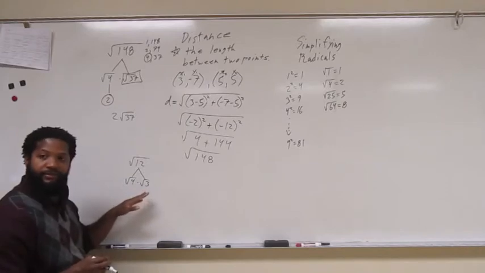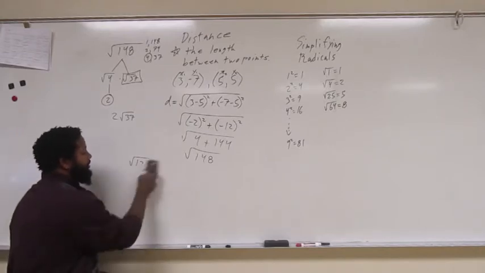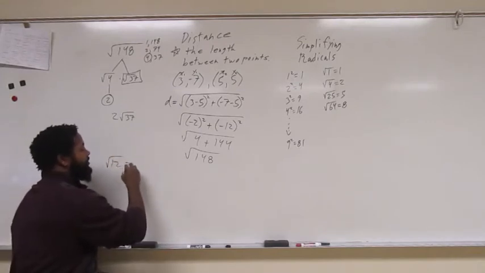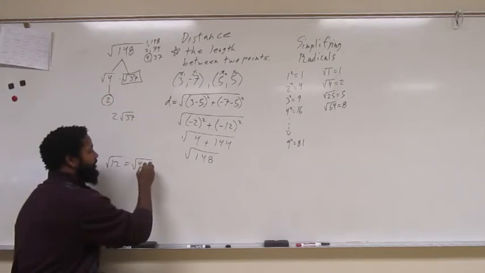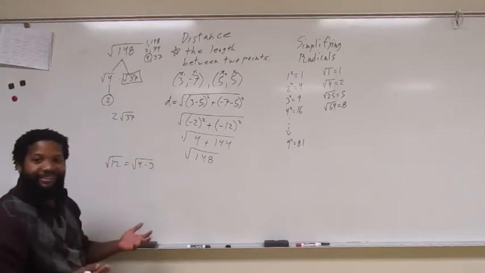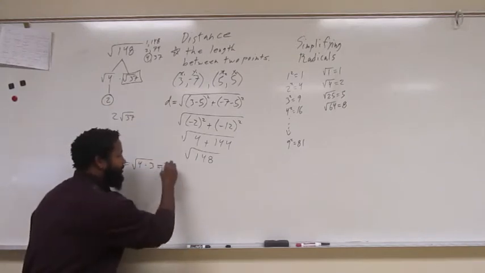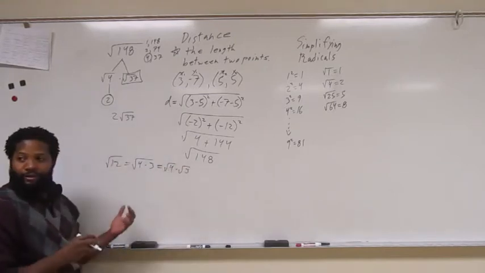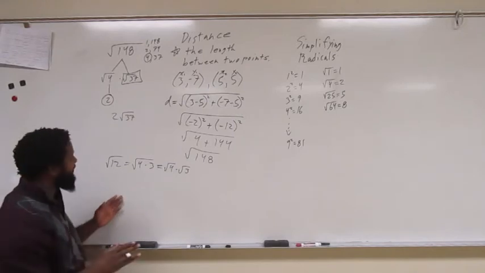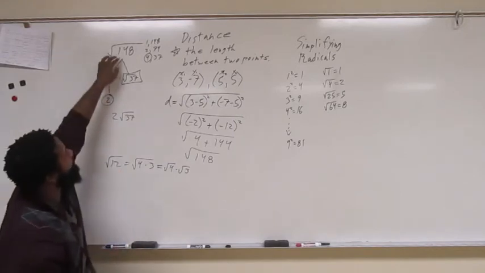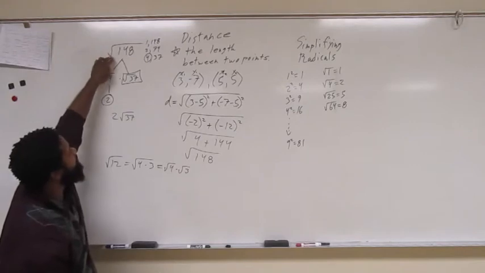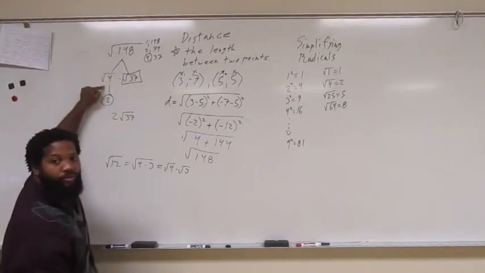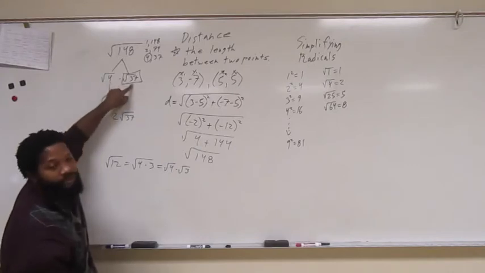Long story short, the square root of 12 is equal to the square root of 4 times 3, which is equal to the square root of 4 times the square root of 3. You follow it? So naturally, the square root of 148 is also equal to the square root of 4 times the square root of 37.